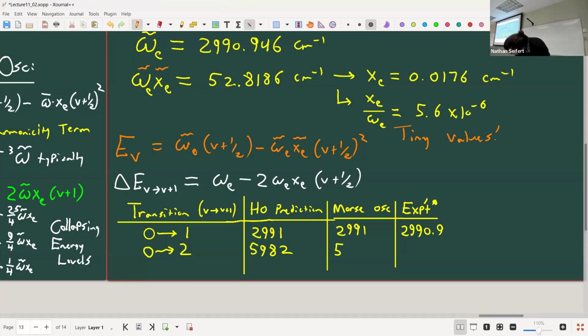Yeah, sorry. Okay, 5668.2. So as you can see, the anharmonicity is really starting to kick in a little bit. We predicted 5982, but in fact the Morse oscillator, because now we're including this term XB, predicts this to be quite a bit lower. And if you go look at experiment, right on.